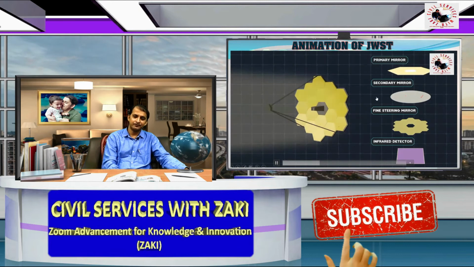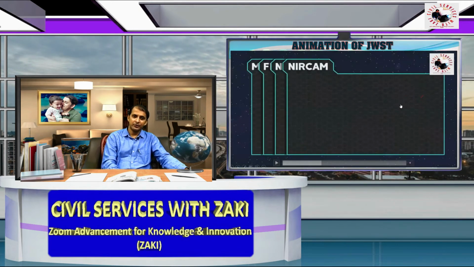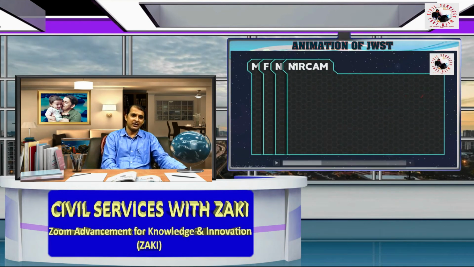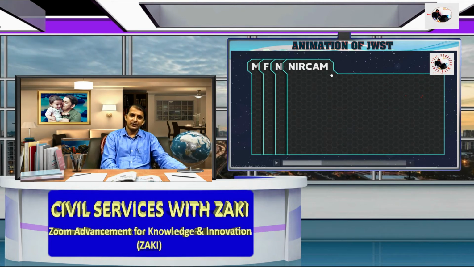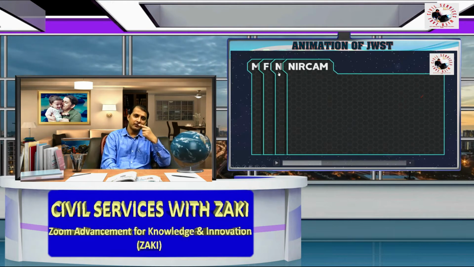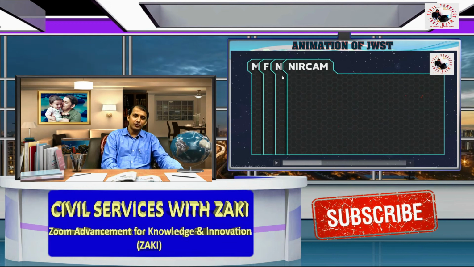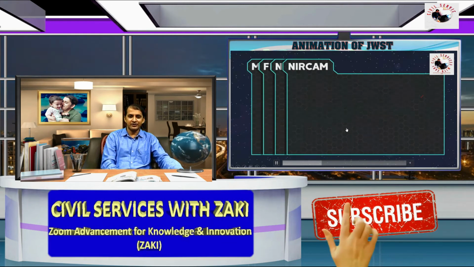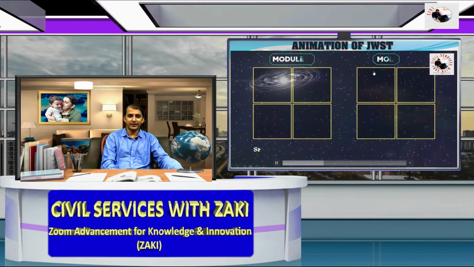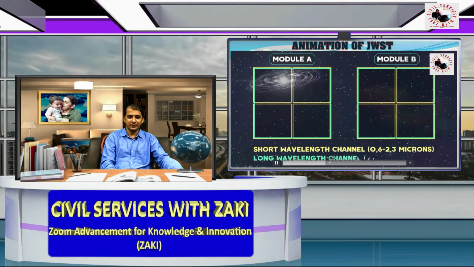So basically 4 major instruments are installed, as we discussed earlier: NIRCam, NIRISS, NIRSpec and MIRI. We will see all of these one by one. Here is the near infrared camera, with module A and module B, and it searches for the infrared.